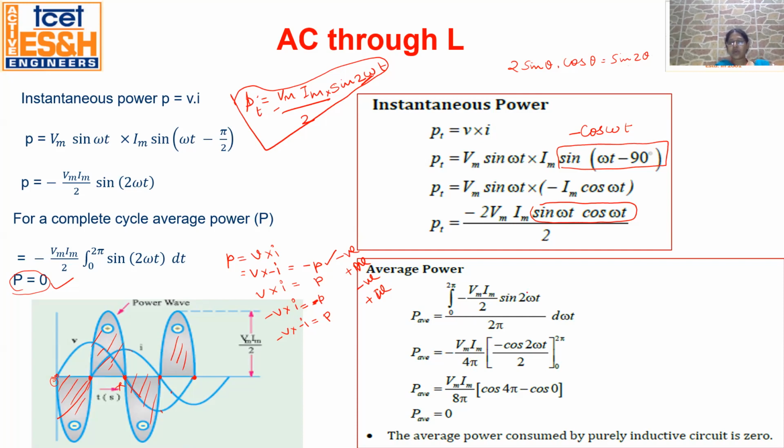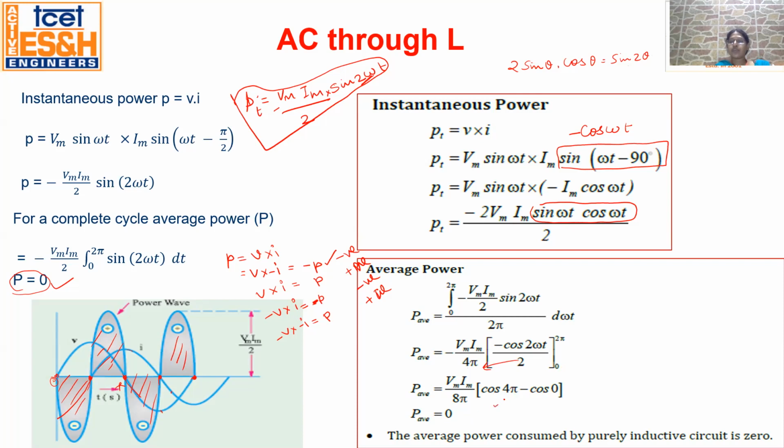When you integrate this, first of all you take out Vm Im by 4 pi. Now the integration of sine 2 omega t is minus cos 2 omega t by 2, with limits 0 to 2 pi. After that, Vm Im by 2 is multiplied by this 4 pi, making it 8 pi, and after putting the limits 0 and 2 pi, we get cos 4 pi minus cos 0.